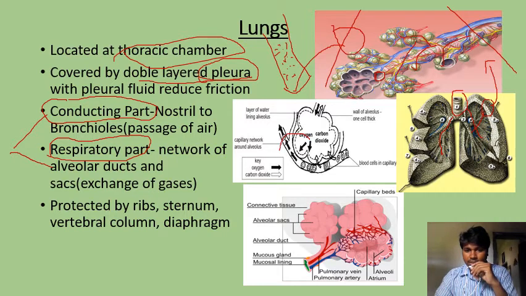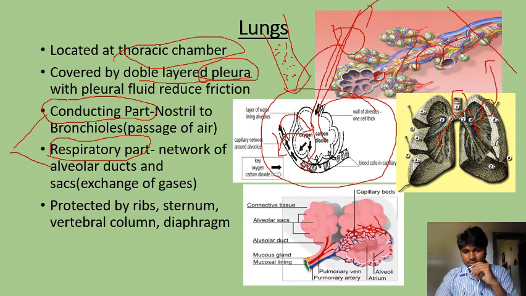You are able to see oxygen getting inside the blood and carbon dioxide rushing outside the blood and coming into the alveolar sac, and from there carbon dioxide goes out in the process of expiration, that means exhalation, and while we inhale the oxygen goes inside. So the alveolus is the functional unit of the lungs.